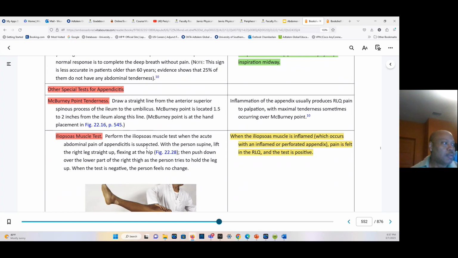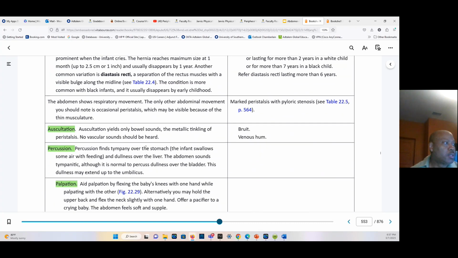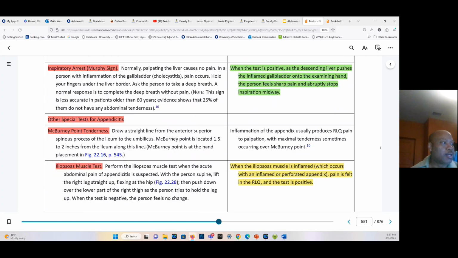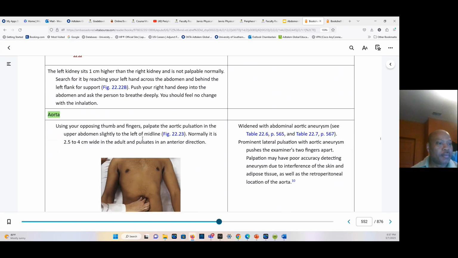And they give you, see, figure 22.16. I don't see that at the moment. I don't want to click on it because it'll take me away from this page, but just take a look at figure 22.16. That's actually on page 545.